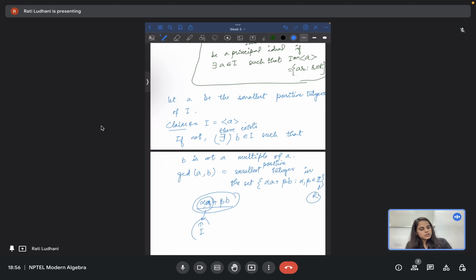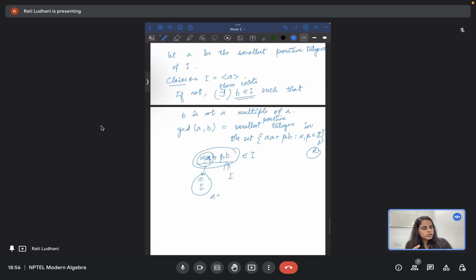Similarly, B belongs to I, so beta times B should be in I. And with an ideal, what do you have? The property that the sum of two elements is also in I. So the sum of two elements which are in I will be in I too. So alpha A plus beta B belongs to I. And now this is your GCD, right?